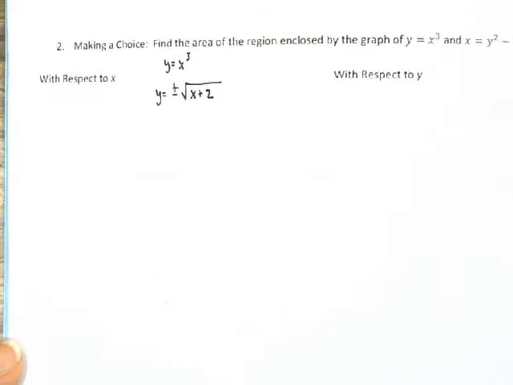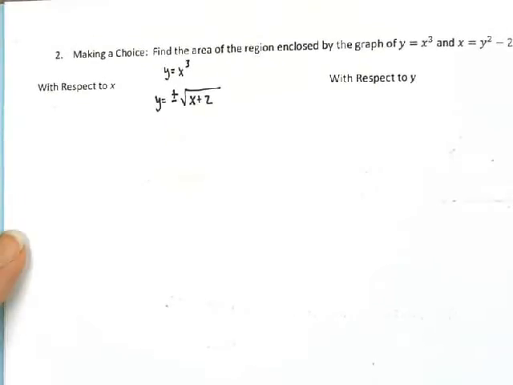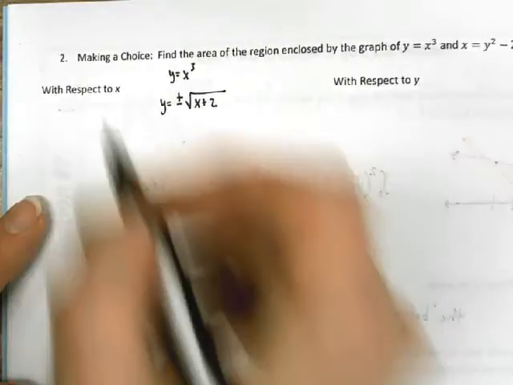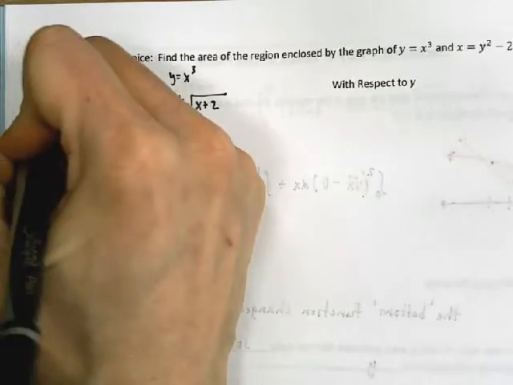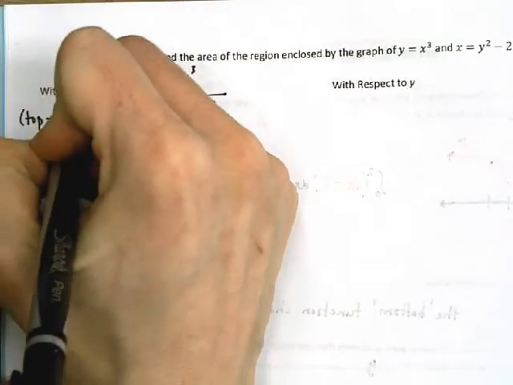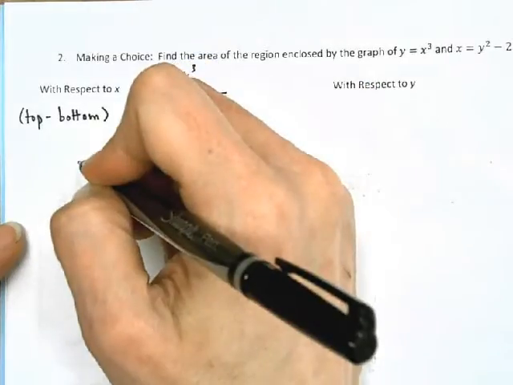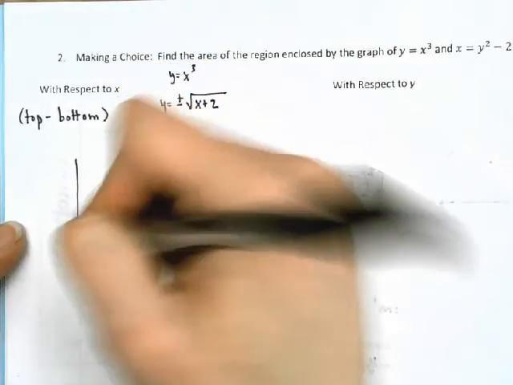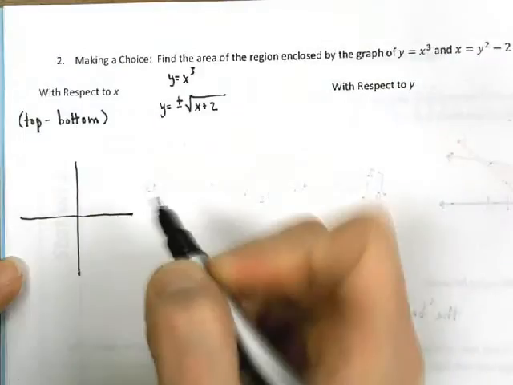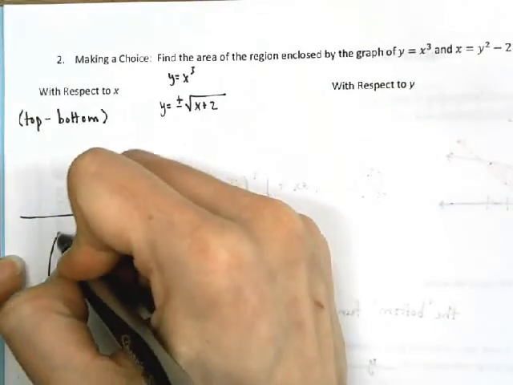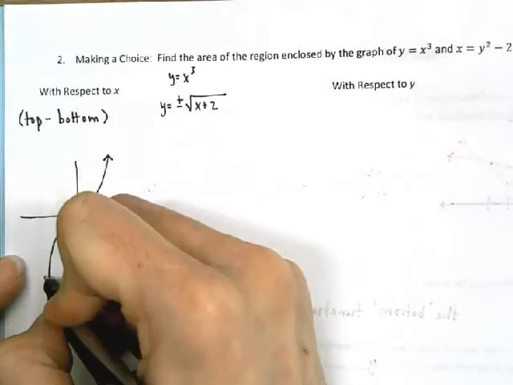All right, so let's look at what it would look like to do this with respect to x. And remember, when we're doing with respect to x, it's top minus bottom. So my graph is going to look like this. I know y equals x cubed is going to look like this.